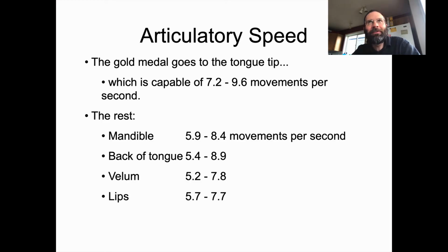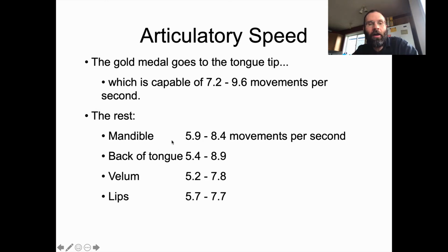I believe that is a result of muscular action rather than just the trilling you get in, say, an alveolar trill. The reason the tongue tip can be moved so quickly is because it's a relatively small, not massive articulator that you can exert a lot of force on really quickly. Other articulators are generally a little bit more massive, like say the mandible.